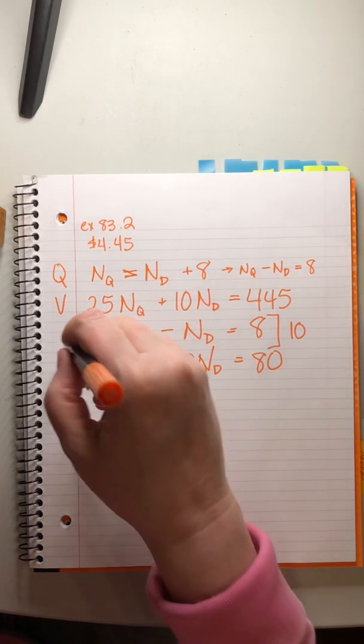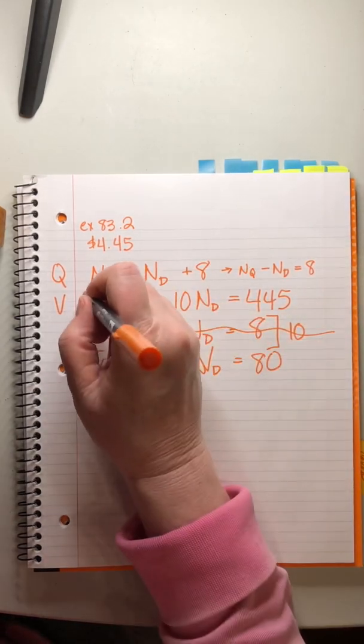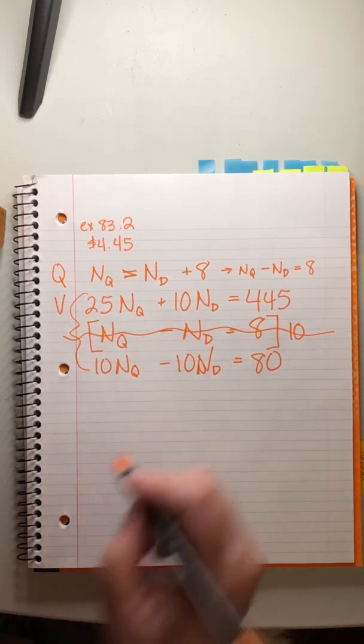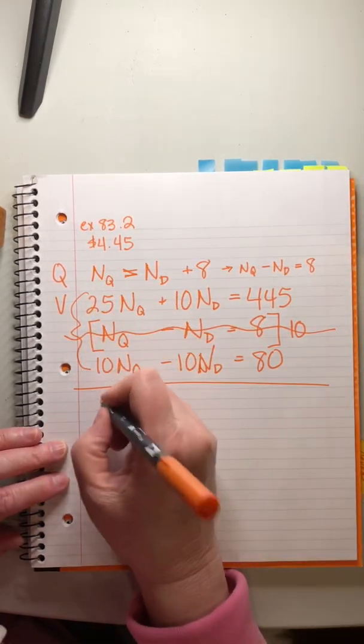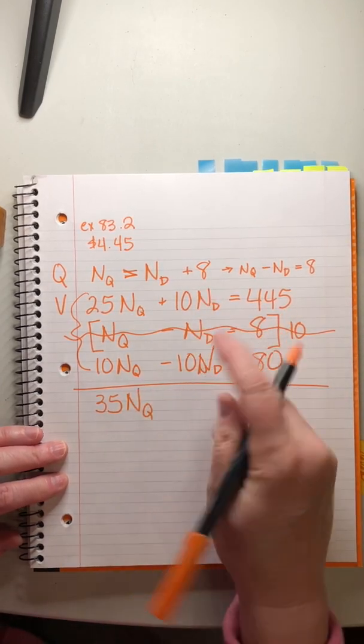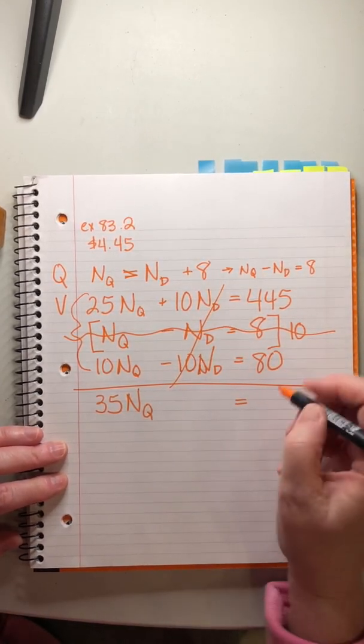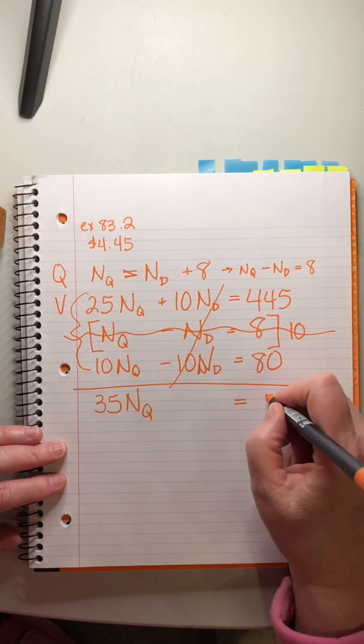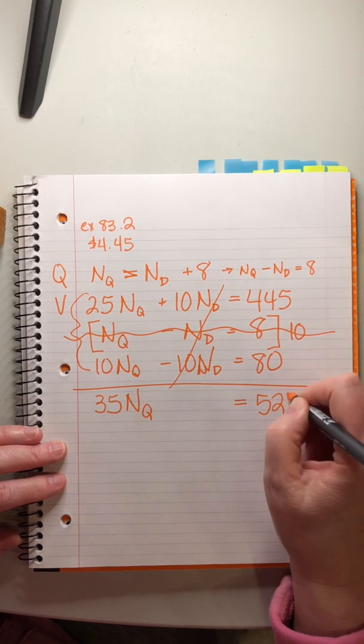Okay, now I'm going to gently squiggle that, and I'm going to add these two. 35 times the number of quarters, yay, that cancels the dimes, equals, oh, this is a big number, 525.